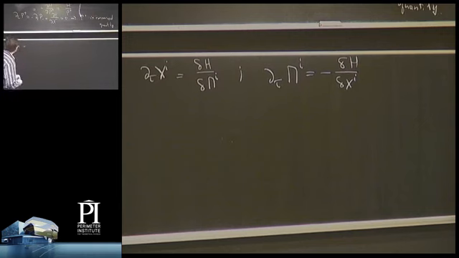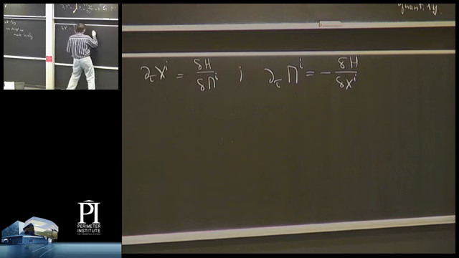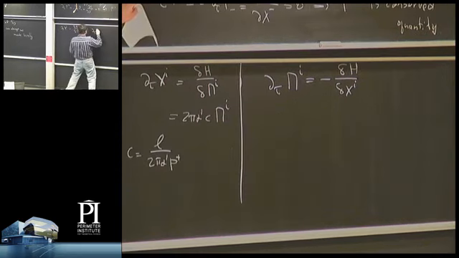But x i also depends on the sigma coordinate, so I have to take a variational derivative. This is a slight generalization of the equations of motion. So del tau of p i equals minus the variation over delta x i. Those are the remaining equations of motion.